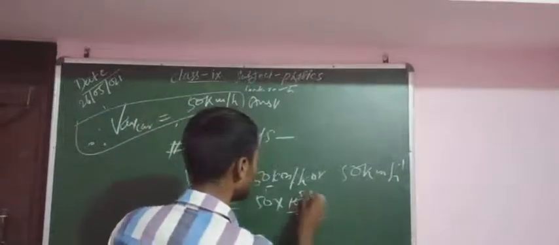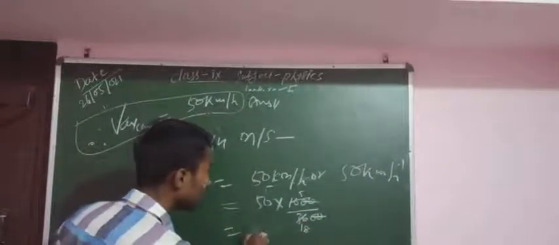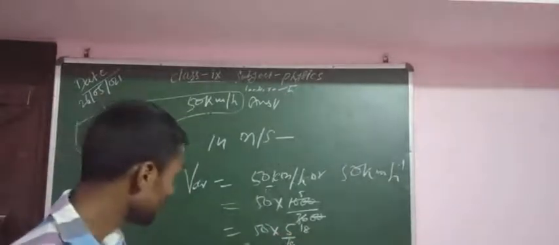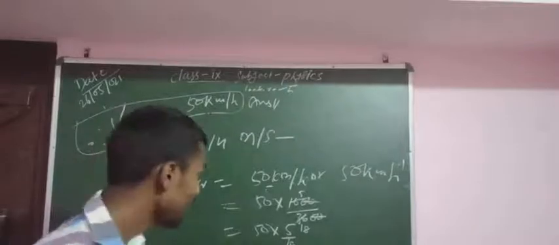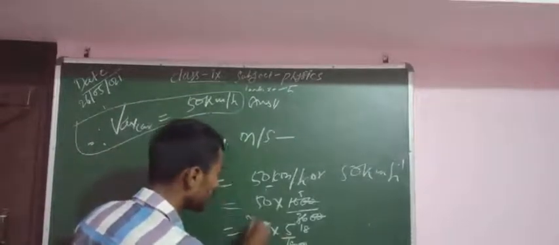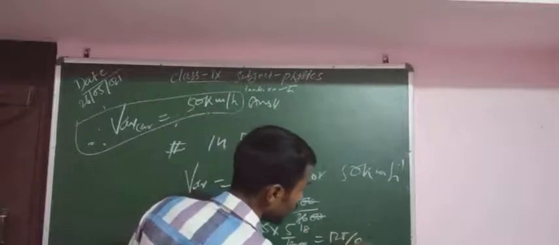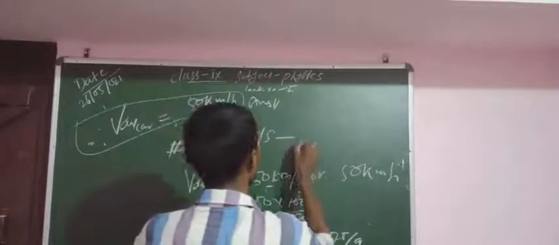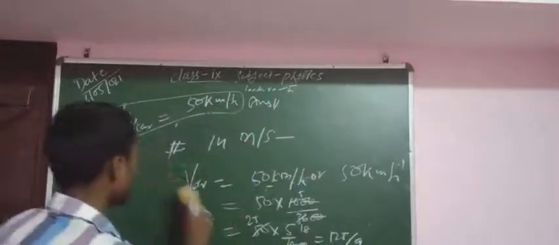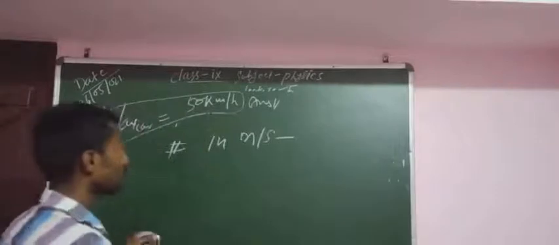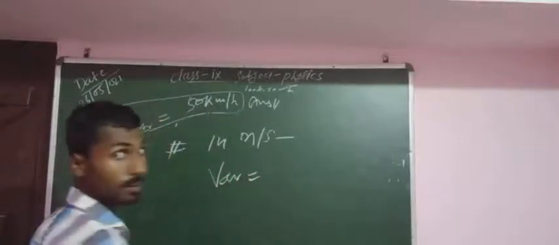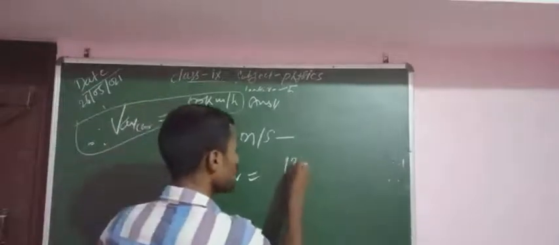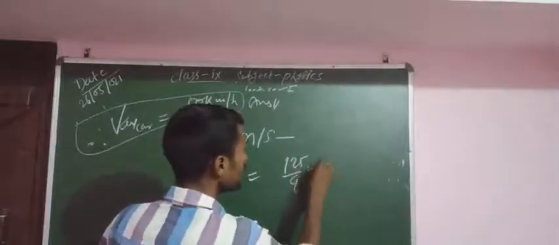This cancels, so 50 should be multiplied by 5 by 18. That means 125 by 9. Therefore V_AB will be equal to 125 by 9 meter per second.